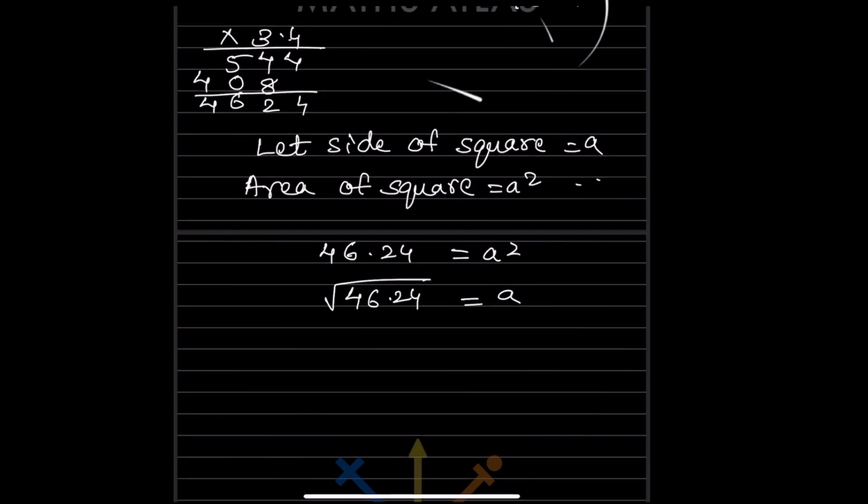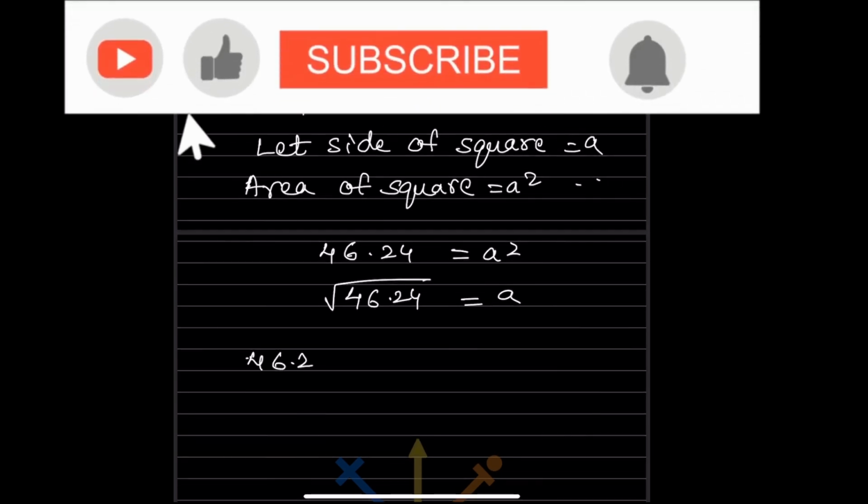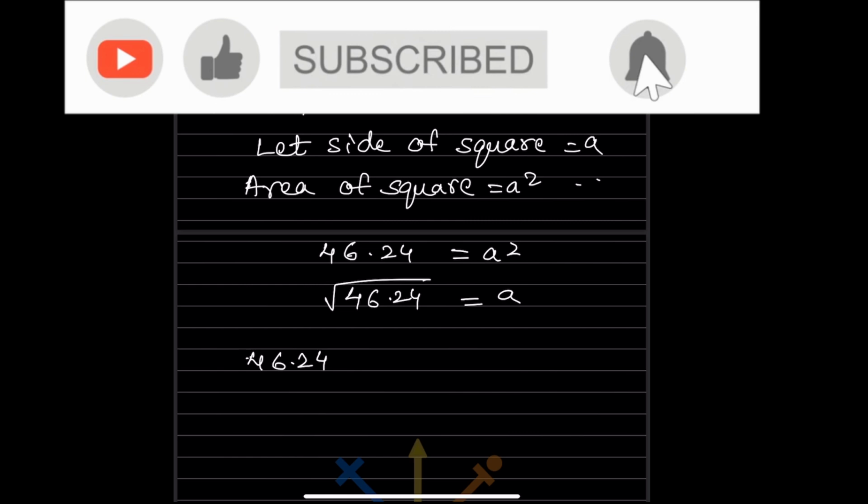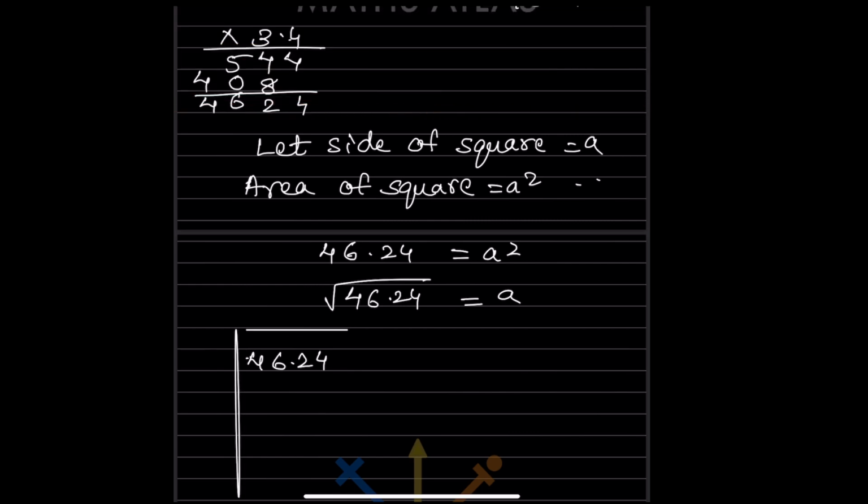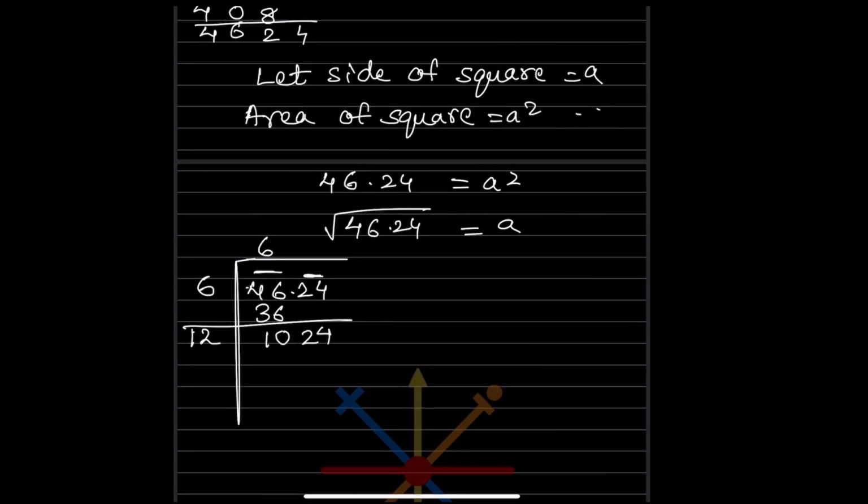Now again, this we can do with the help of the long division method. We can find the square root of it. We are going to make two pairs. 6 6s are 36, 7 7s are 49, 6 6s are 36. So this is going to be 10. 6 plus 6 will be 12. Now you are going to take these two numbers down. Here it is 4, so we need something with 4.